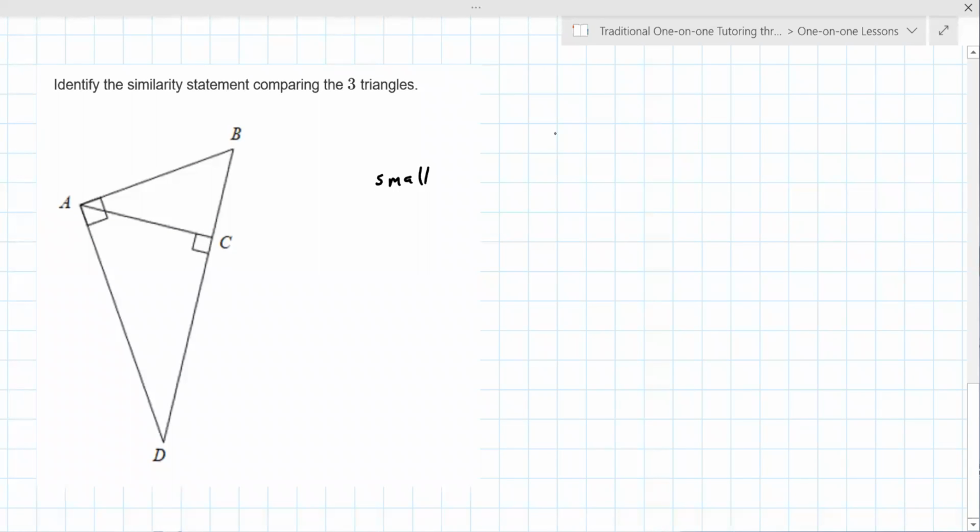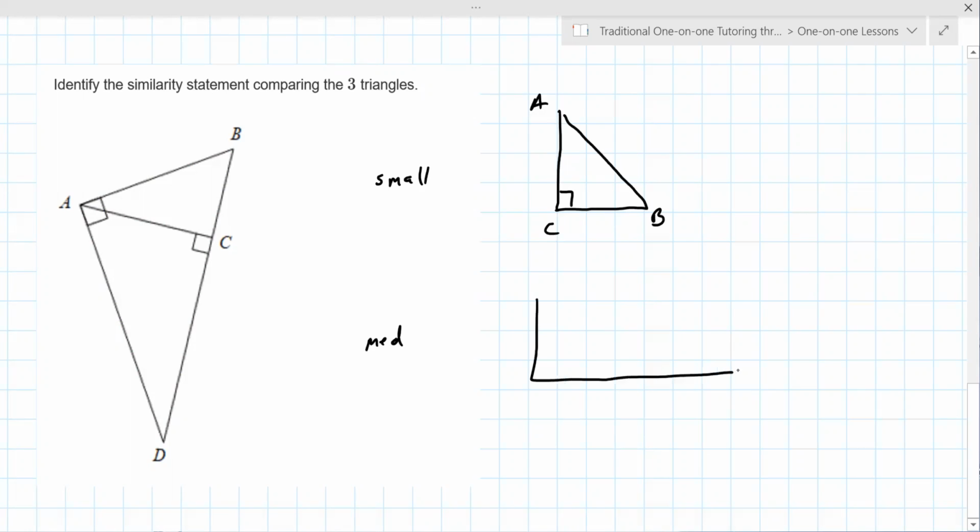You see the small one there? It's A to C to B. There's the medium, which if I go this way, it's A, C, D. Yes. And then there's the large, which is like the whole thing.